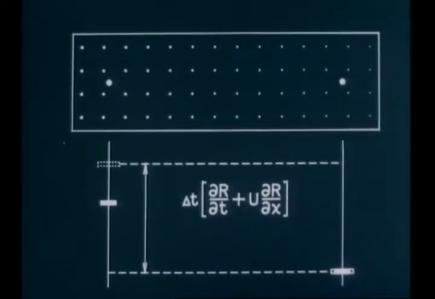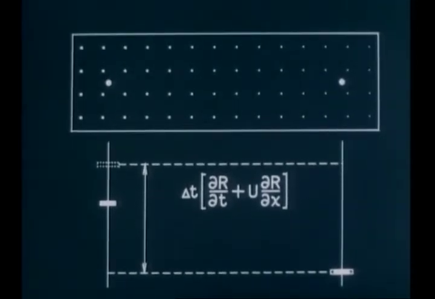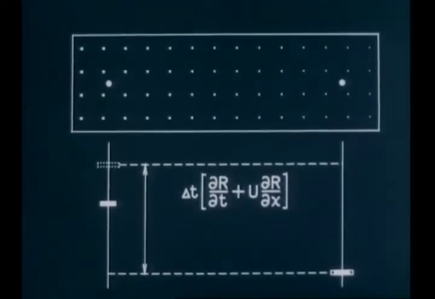The material or substantial derivative is the name given to the expression multiplying the time difference. This is simply the rate of change with respect to time seen by the material point as it passes the laboratory point, expressed in laboratory coordinates.